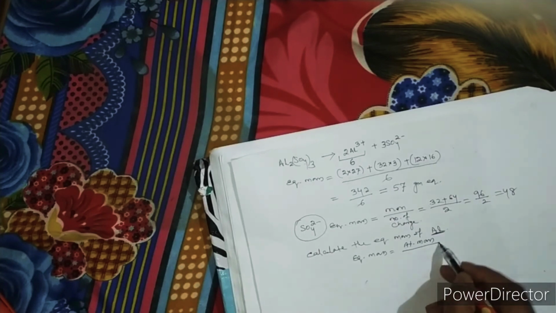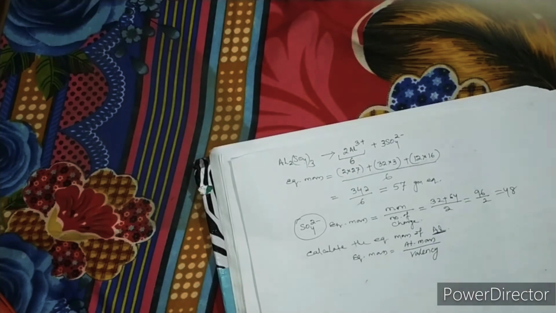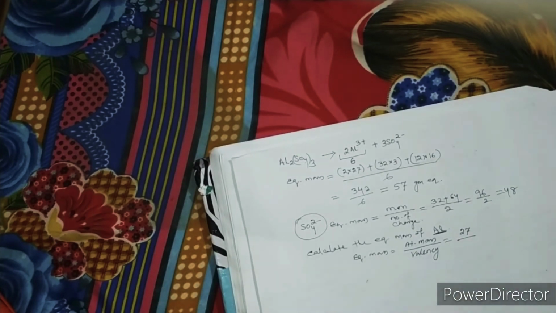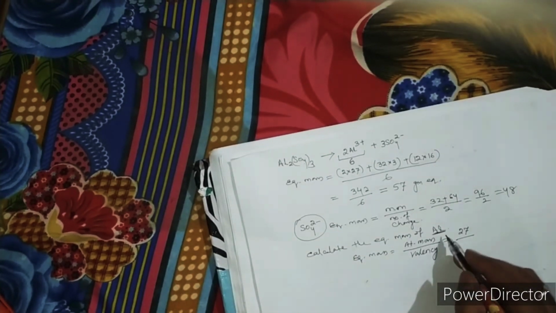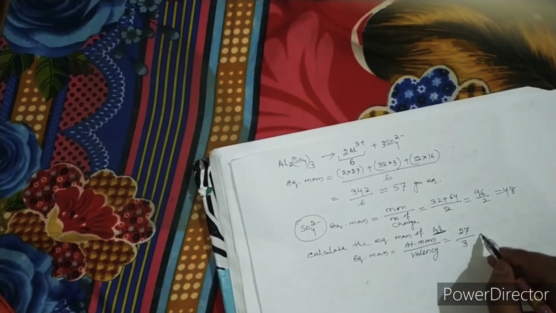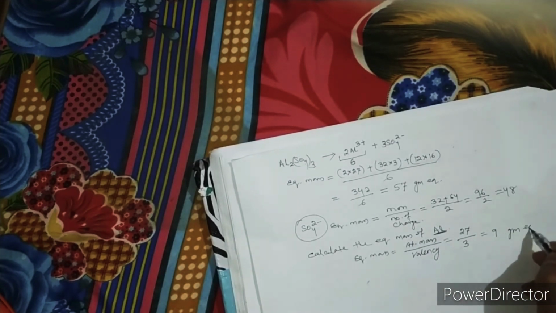So atomic mass divided by valency, that is X, we can write it as valency. So atomic mass I know is 27, divided by valency. Valency means combining capacity. That means how many bonds an atom can form. Here aluminium forms 3 bonds, so valency is 3. If you calculate 27 by 3, that is 9 gram equivalent.